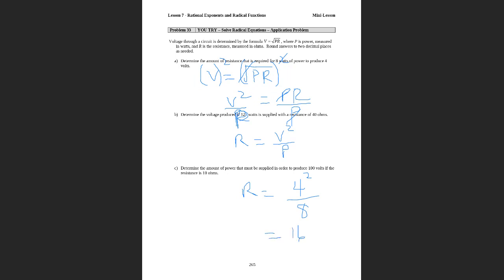What is 4 squared? 16 divided by 8. So this gives us 2 ohms. It is the same thing, okay? But this one, I decided to do the change of subject and then have my R equal and put the values. It doesn't matter. Whichever one you start with, you get the same thing.